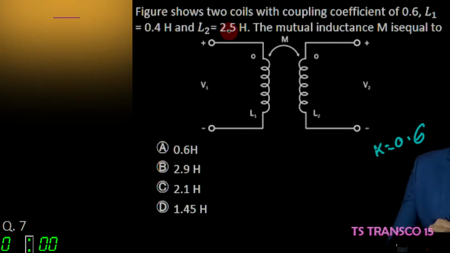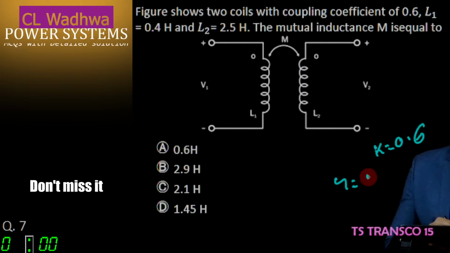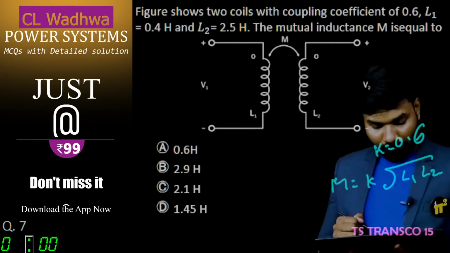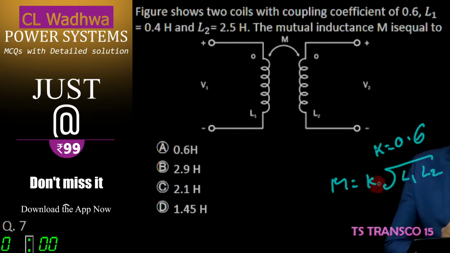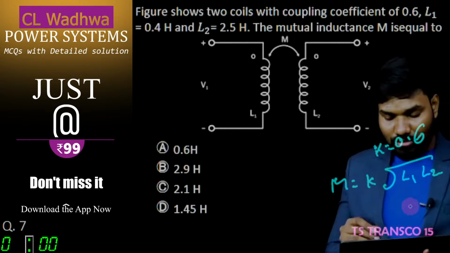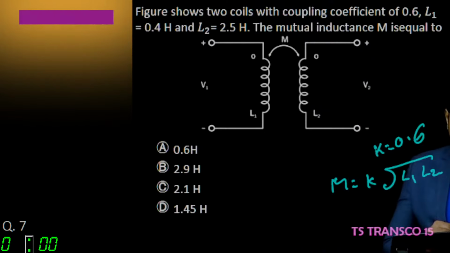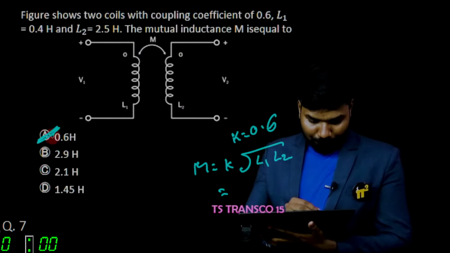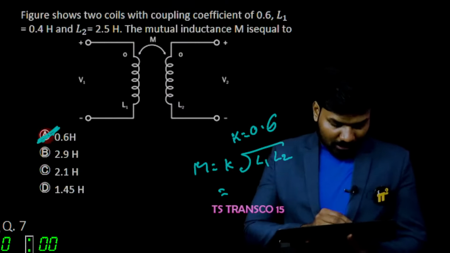So M is equal to K into under root L1 L2. Every value is known to you. Directly plug in the values. You will get the answer as option A. Option A is answer.